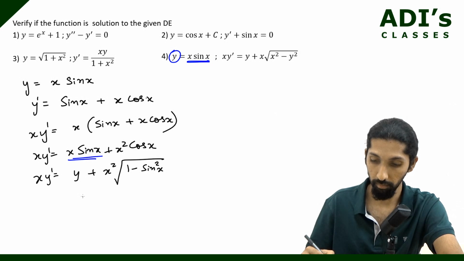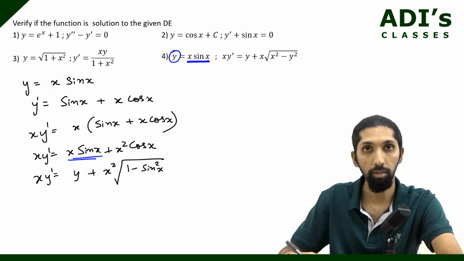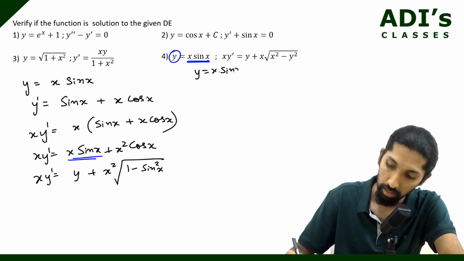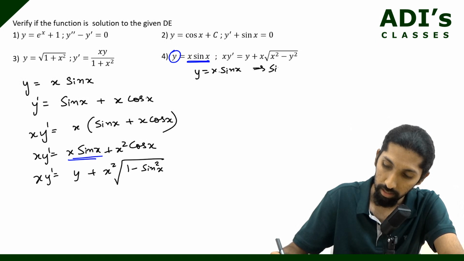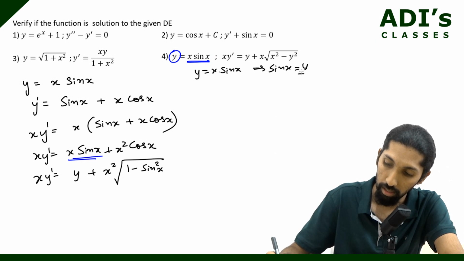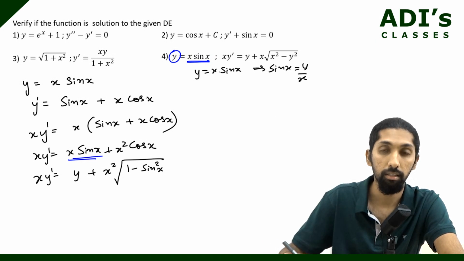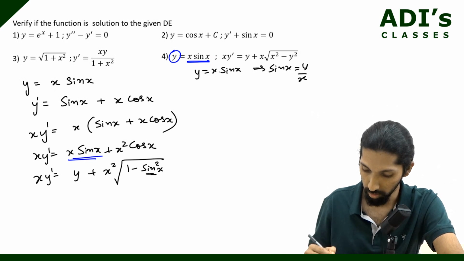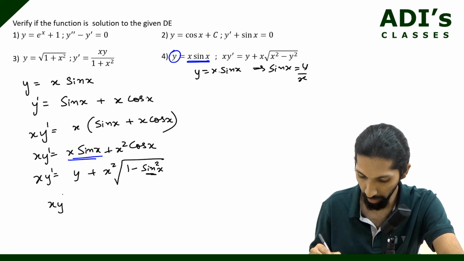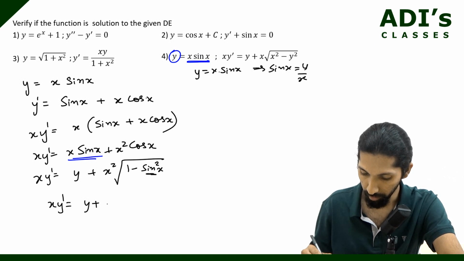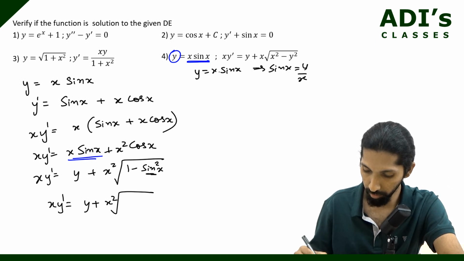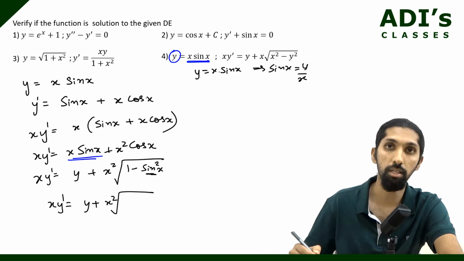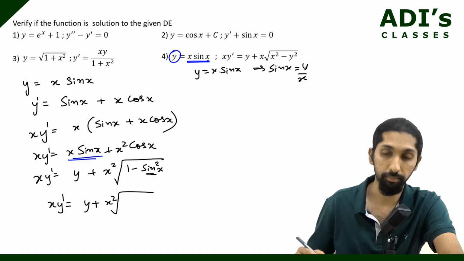Correct? Look at the question. y is equal to x sin x. So what is sin x? It's y by x, correct? So substitute that here in the sin x. So we have x into y dash equals y plus x square into root of, sin x is y by x, so sin square x is y square by x square.